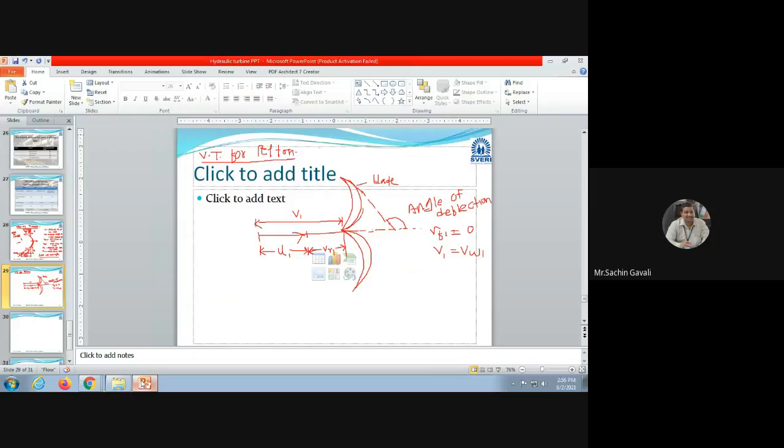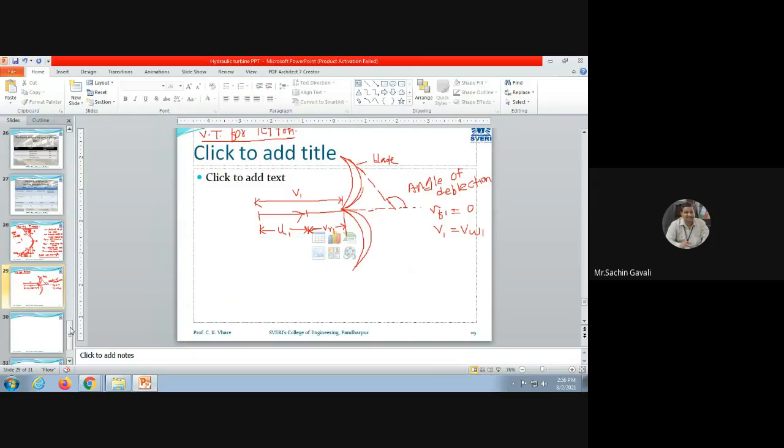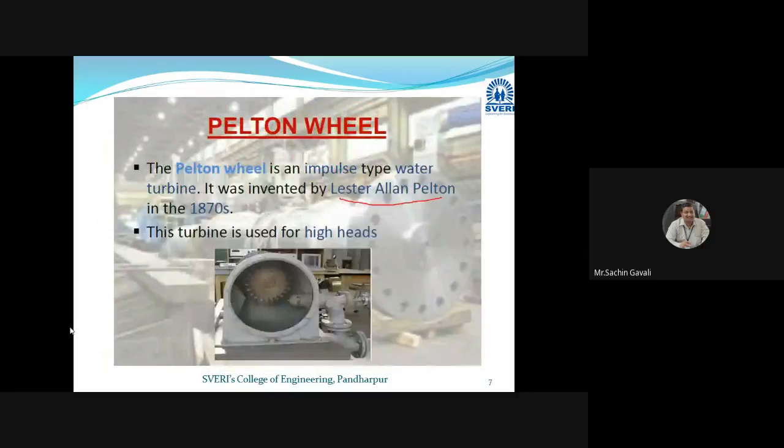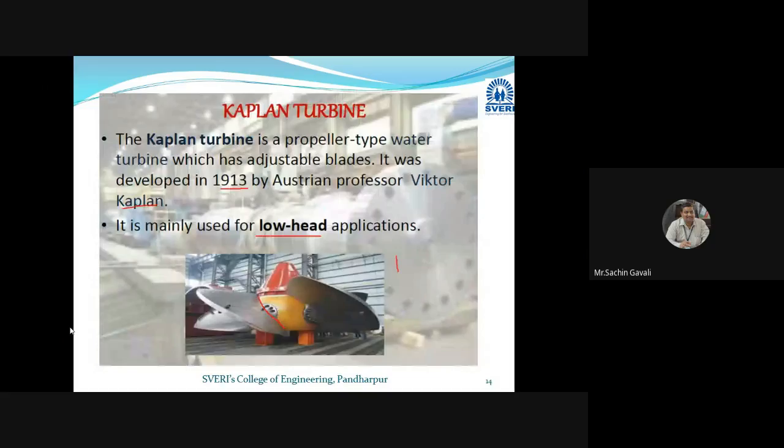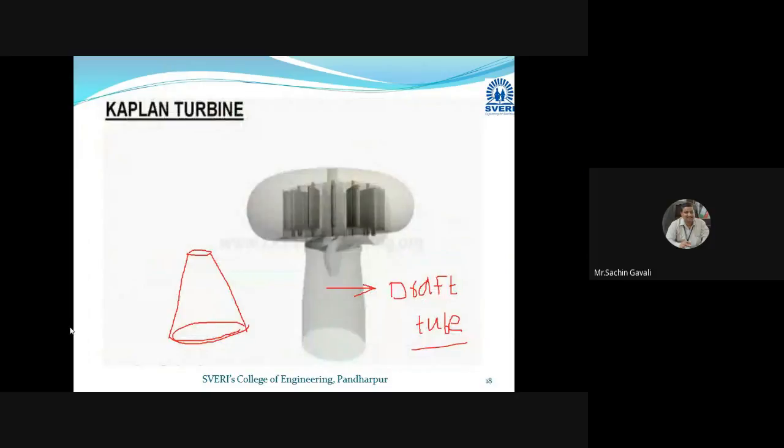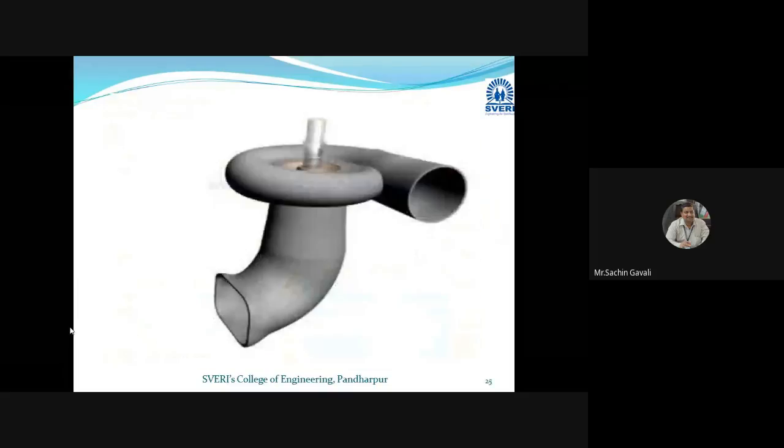So again we'll write here, revise. Power generated by the Pelton turbine. Only which component is responsible for the power? The whirl component. Power of the Pelton turbine, or power generated, power given by the Pelton.